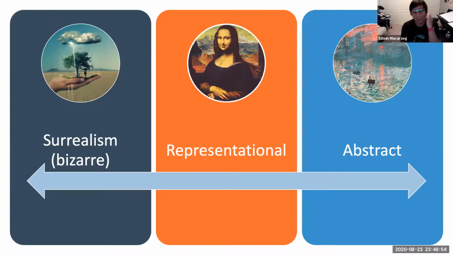And so if the artist chooses to be representational, but then goes a different direction, and the artist isn't exactly borrowing from reality, he's being expressive, but in a different way. So he's maintaining the recognizable quality, and even though it is recognizable, it is a little bit on the side of the bizarre.